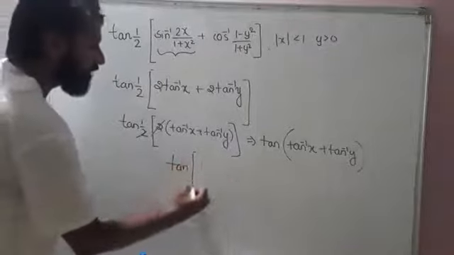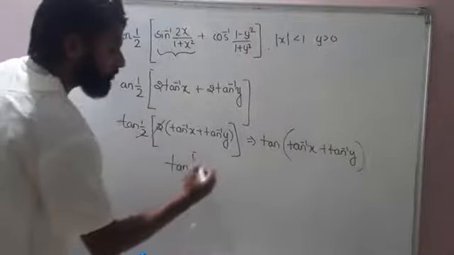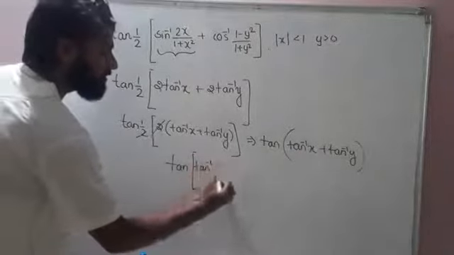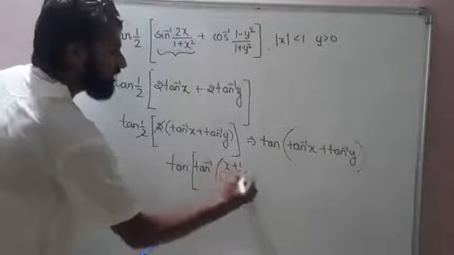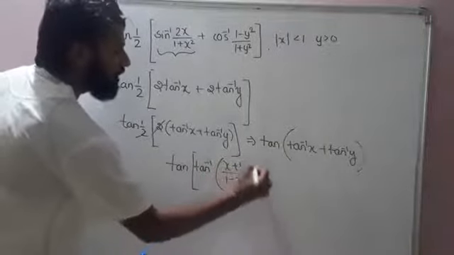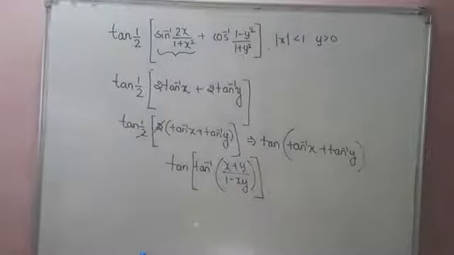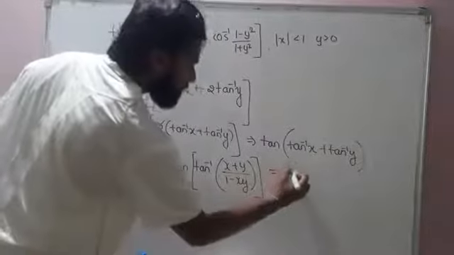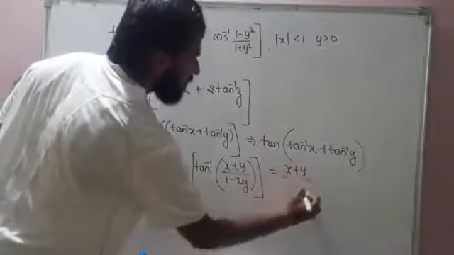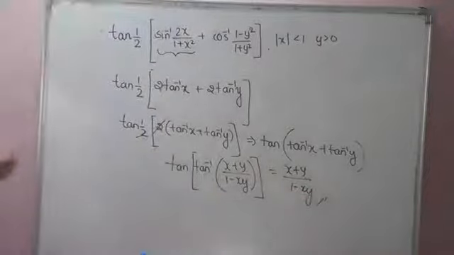Again, we have seen that formula. Tan inverse x plus tan inverse y is tan inverse of x plus y divided by 1 minus xy, isn't it? So now tan and tan inverse cancel each other and our answer will be x plus y divided by 1 minus xy as the final answer.